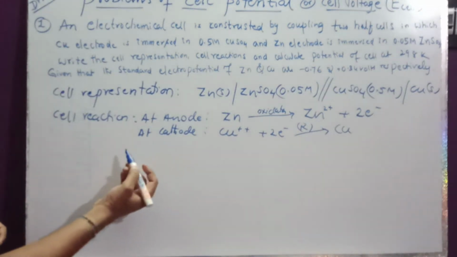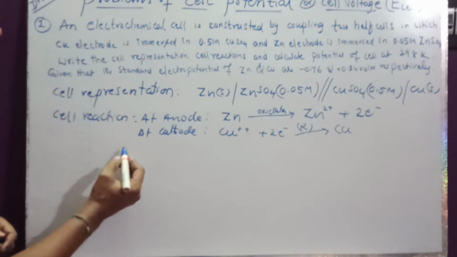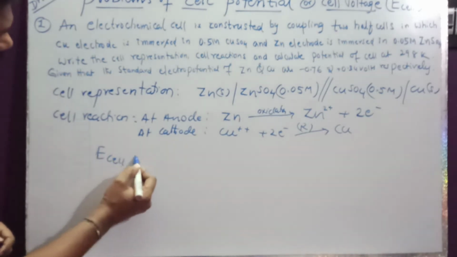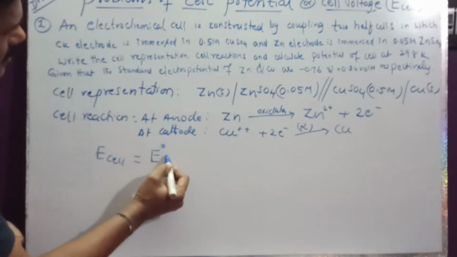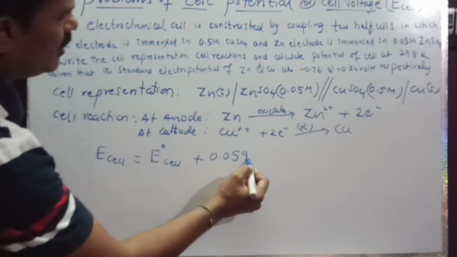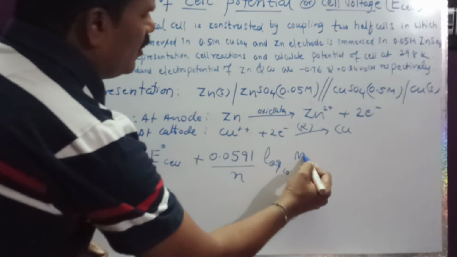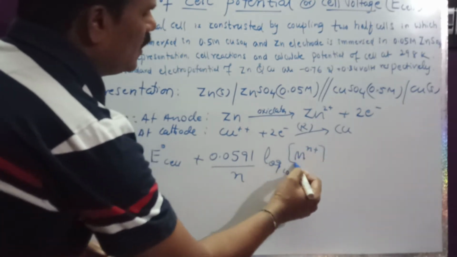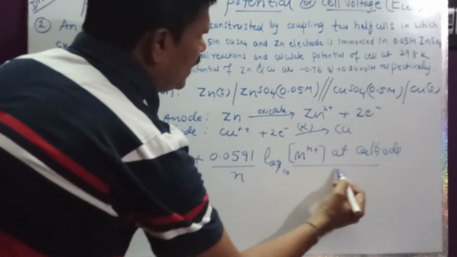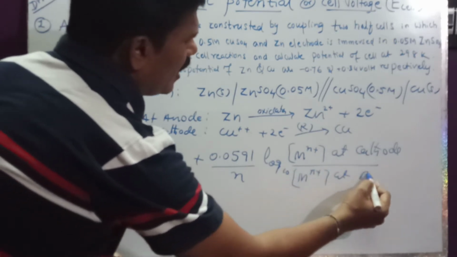So electrode potential of the cell is given by, first you have to calculate E naught of the cell, or you can calculate directly. Formula: E cell is equal to E naught cell plus 0.0591 divided by n, log base 10 of metal ion concentration at cathode divided by metal ion concentration at anode.